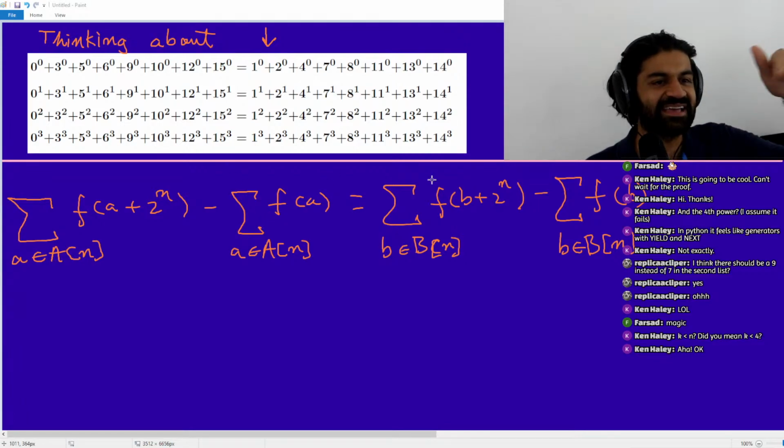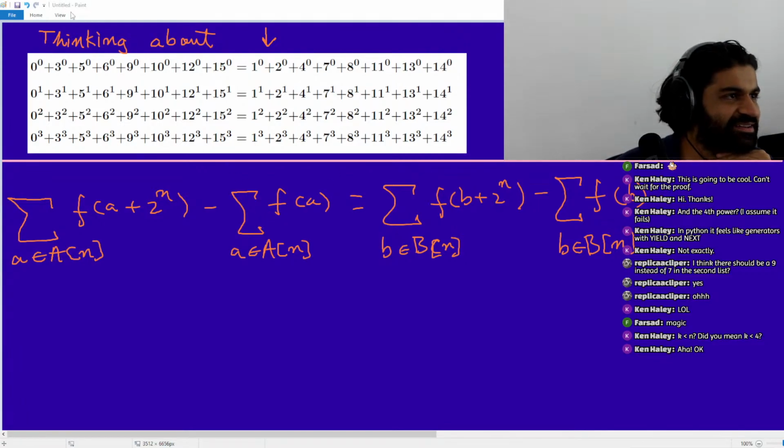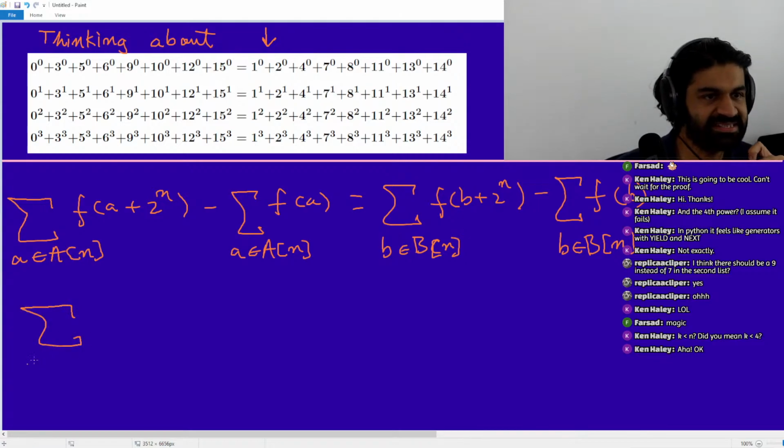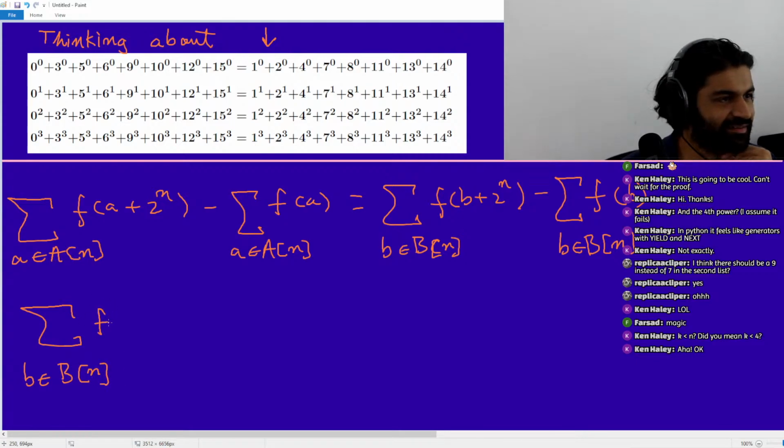I can take the negatives and put them on the other side. So for example, I can write this as the sum over b in bn of f of b, right?